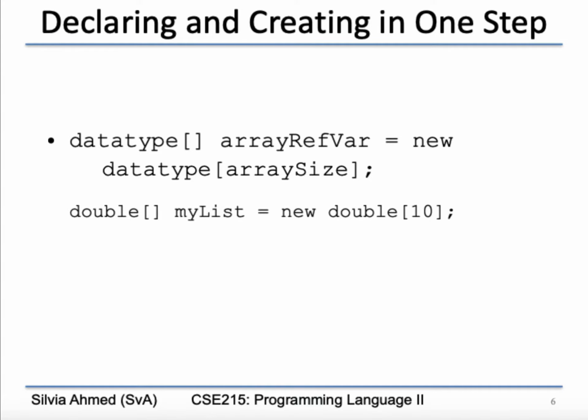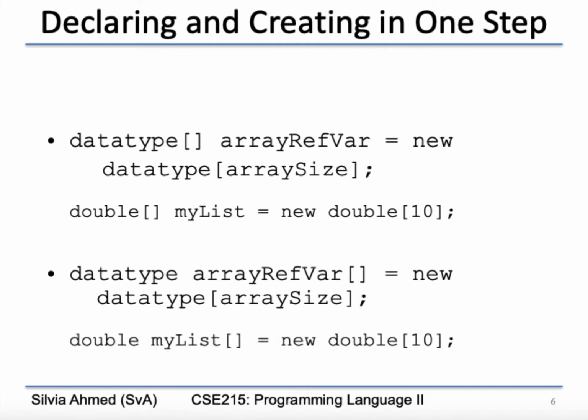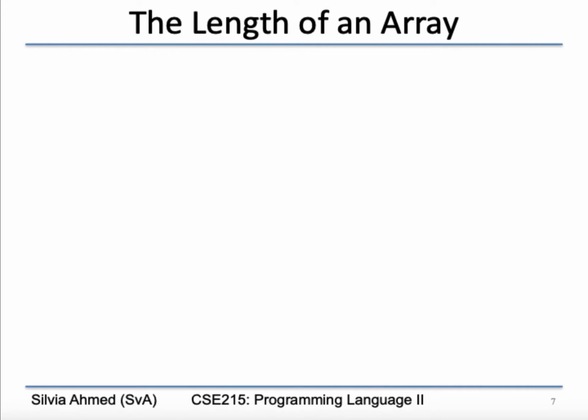So we can write double[] myList = new double[10]. We can also write double myList[] = new double[10], but conventionally we will follow this style of coding, where the bracket pair comes after the data type.